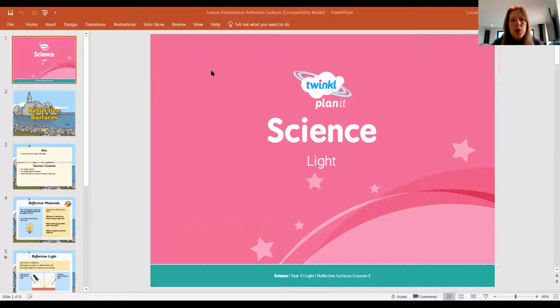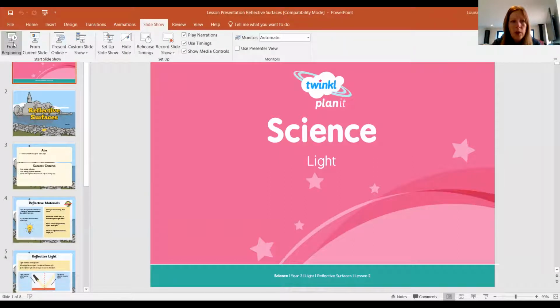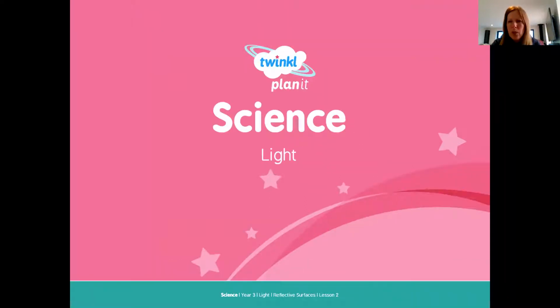There's a couple of little videos here as well. And as always, if you want to, you can come back and have a look at these videos on your own. I know sometimes the sound quality isn't great when we do it this way. So if the sound is not great, you can go back and have a little look at it on your own and just see the main points.